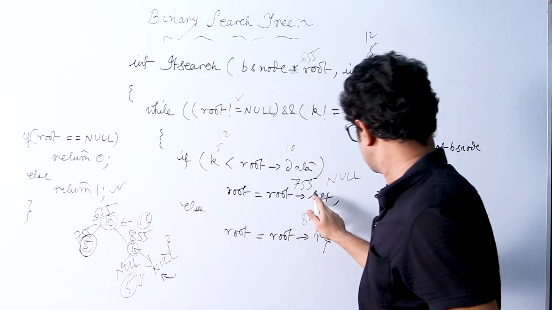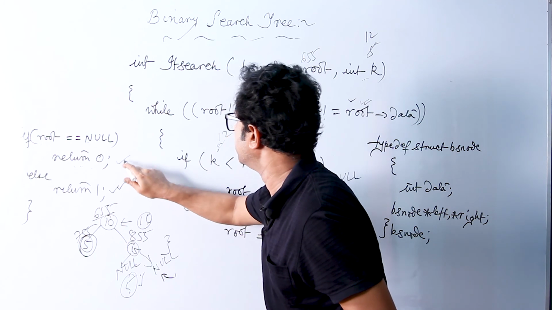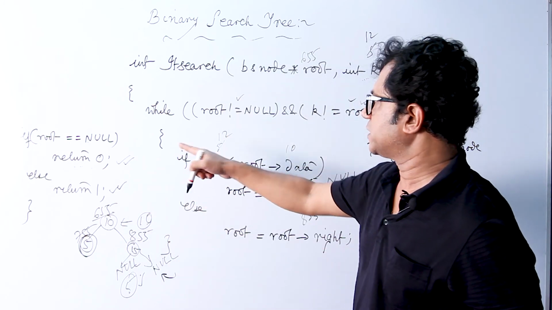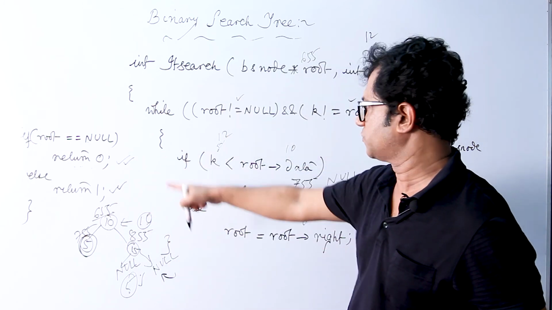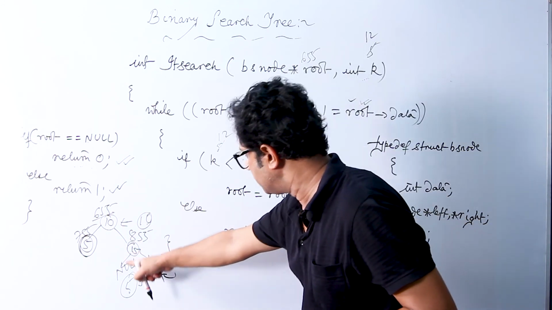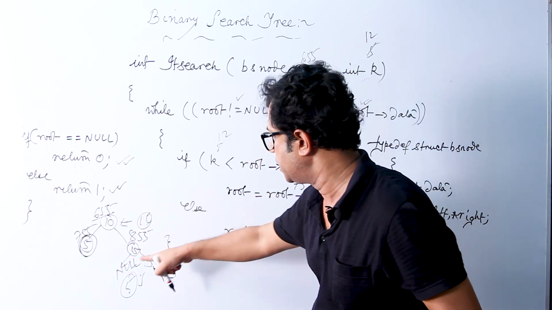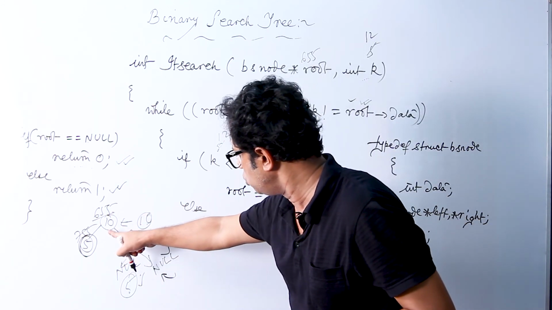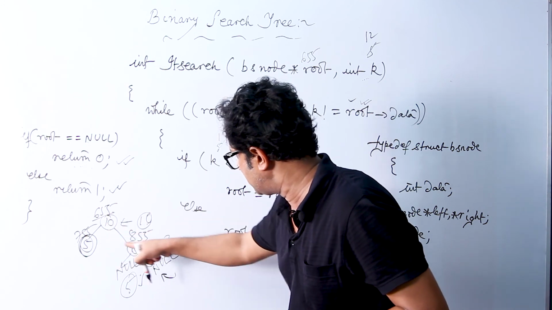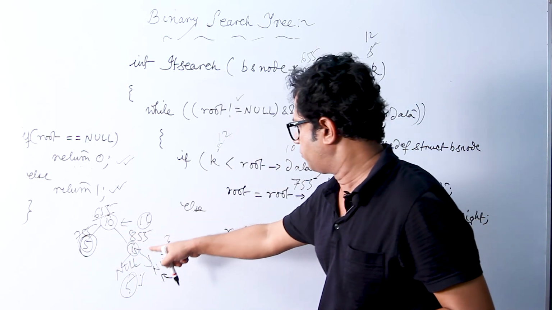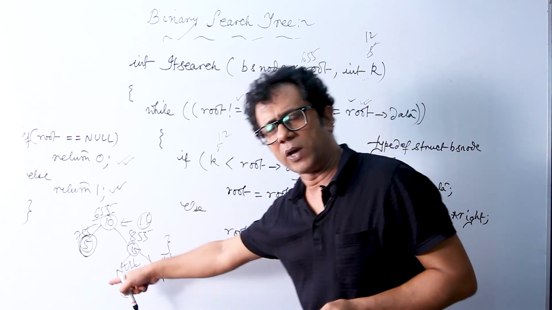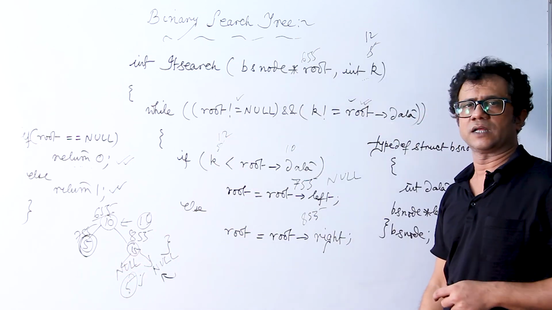Our root is null, so we definitely return 0, and that indicates that the operation is unsuccessful. 12 is never to be found in this binary search tree. This binary search tree contains three values, that is 10, 5 and 15, and we will never find the value 12. So this is an unsuccessful operation.